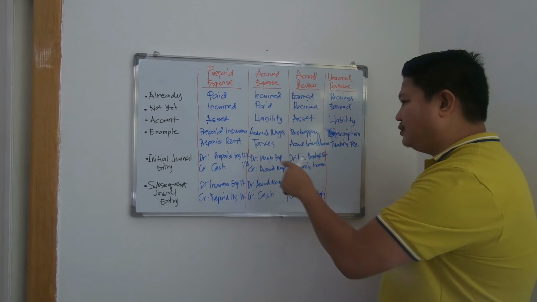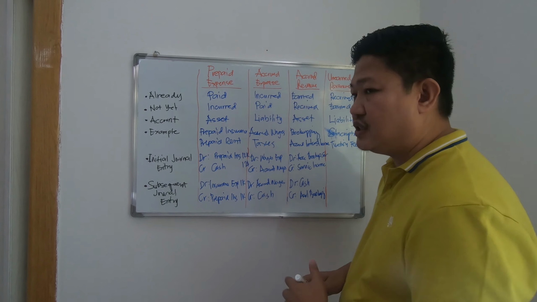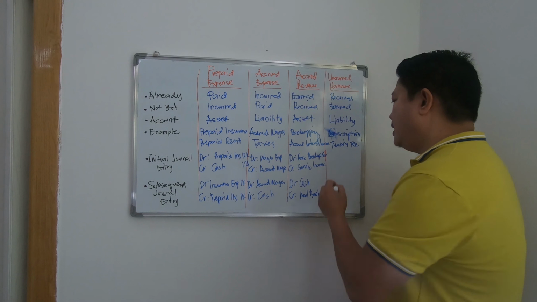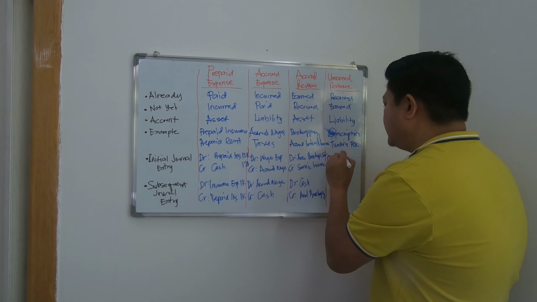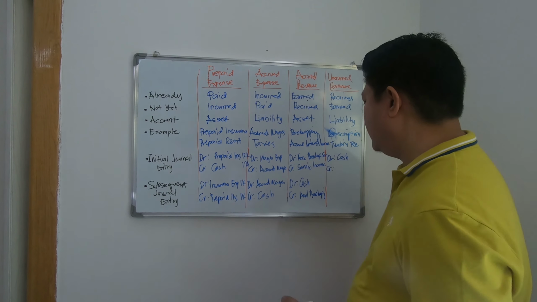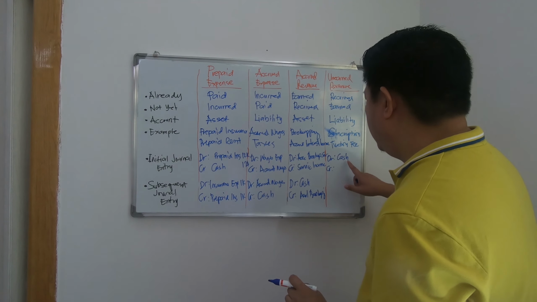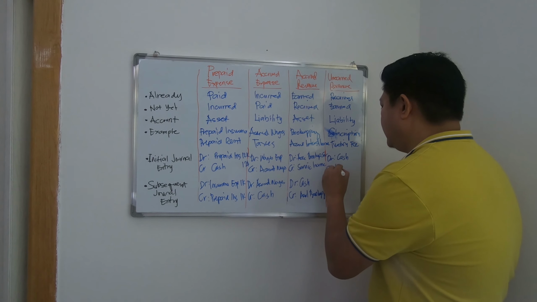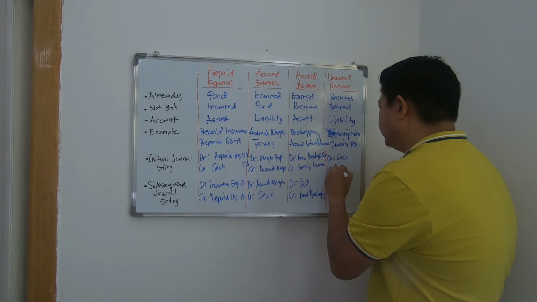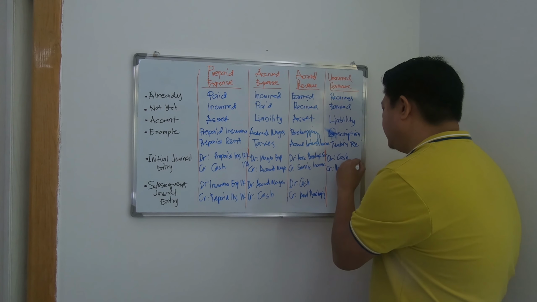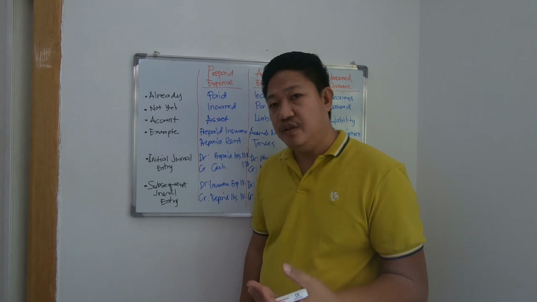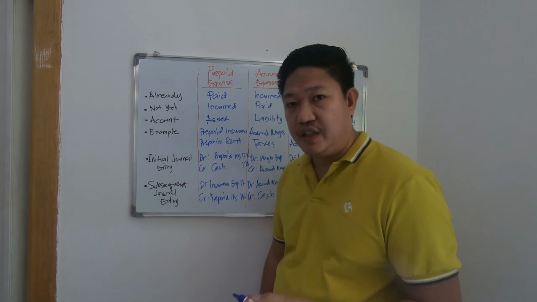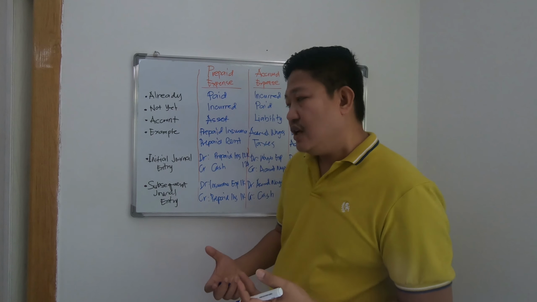So initially, how do you record the subscription once you receive the money from your customer? Debit and credit. You receive cash, so you debit the cash, and credit unearned subscription, or you can call it prepaid subscription, or whatever your company uses.